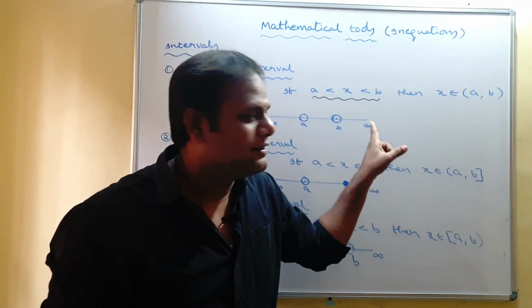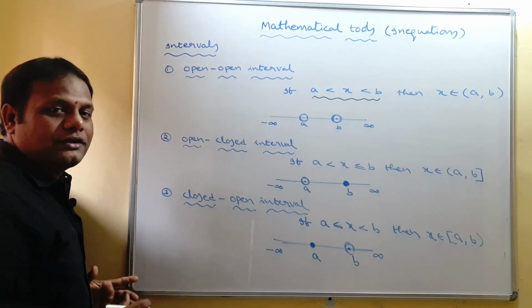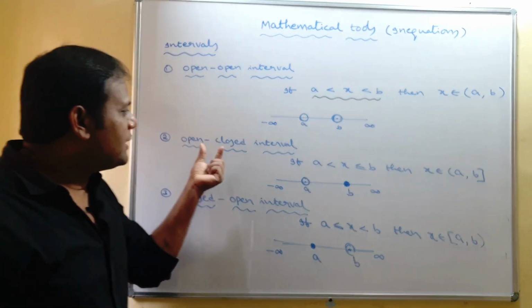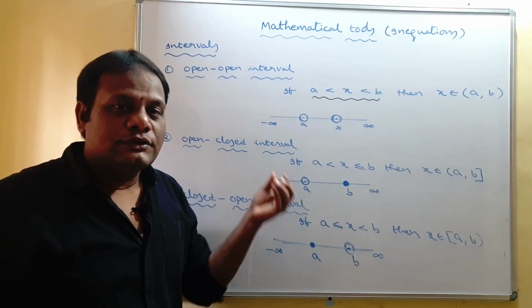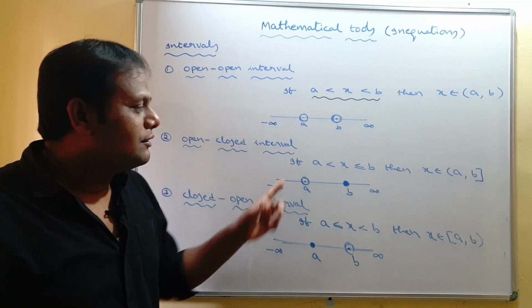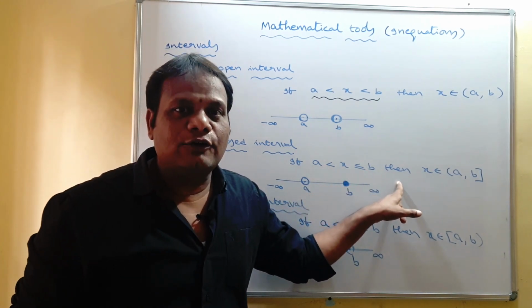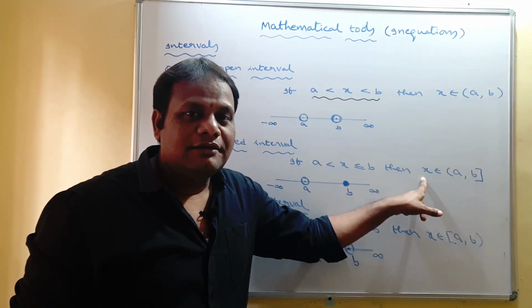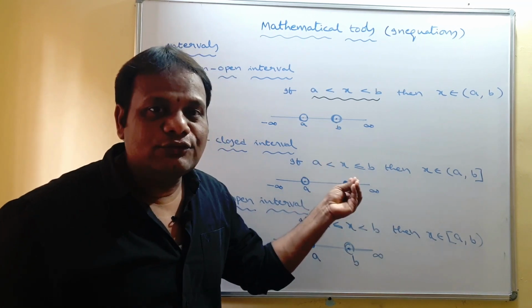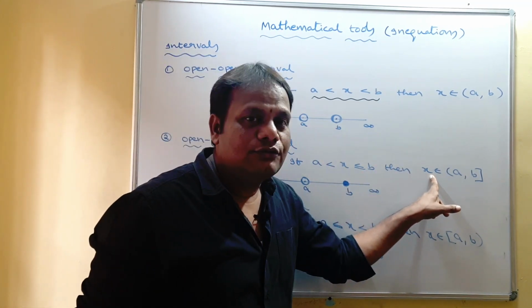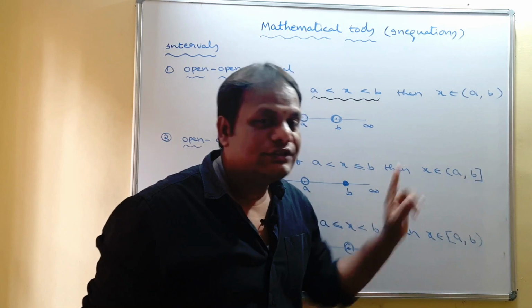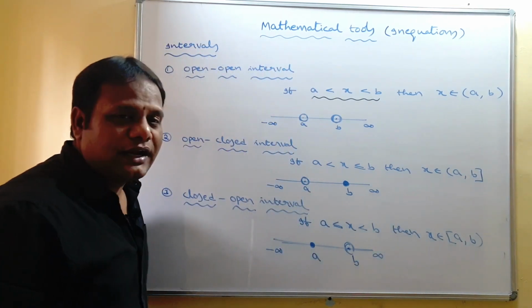Is it clear? Right. Coming to the second one, that is the open closed interval. If a less than x less than or equal to b, then we represent those values as x belongs to open interval a, closed interval b. Easily you can understand.